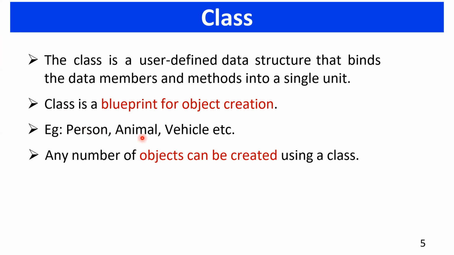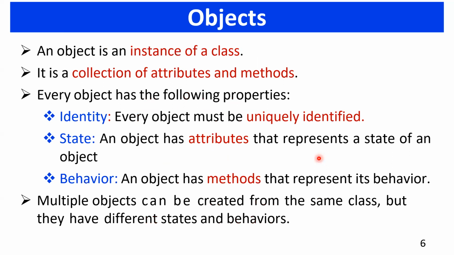Similarly, if you create a class of vehicle, you can create any number of objects that belong to the vehicle class. Once you create a class, you can create any number of objects of that class.